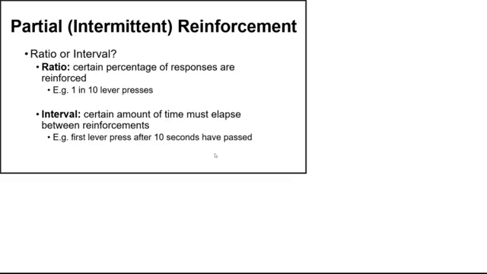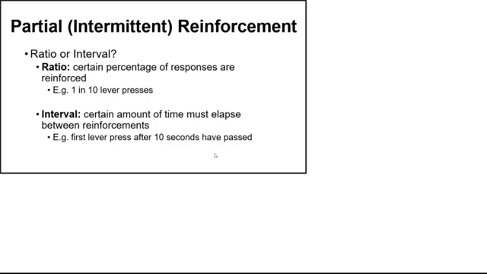Our next question is, are we dealing with numbers or are we dealing with time? So is it a ratio or is it an interval? So ratio is dealing with the absolute number of lever presses or responses in general. It might be presented as a ratio, it might be presented as a percentage.